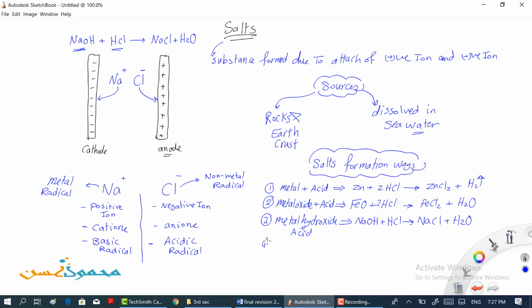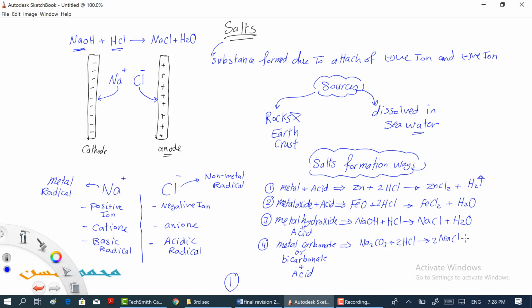Maybe metal carbonate or bicarbonate plus acid, like Na2CO3 plus 2HCl, giving to us 2NaCl and the weak acid formed, H2CO3.